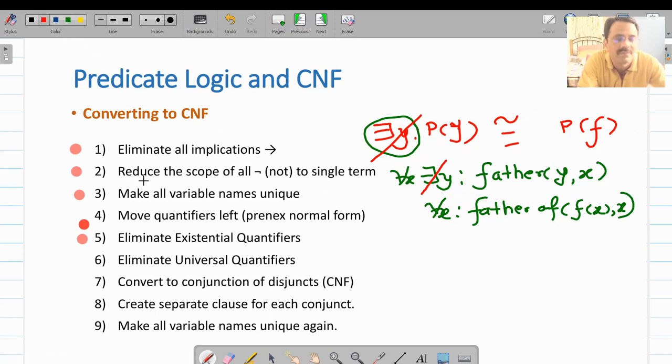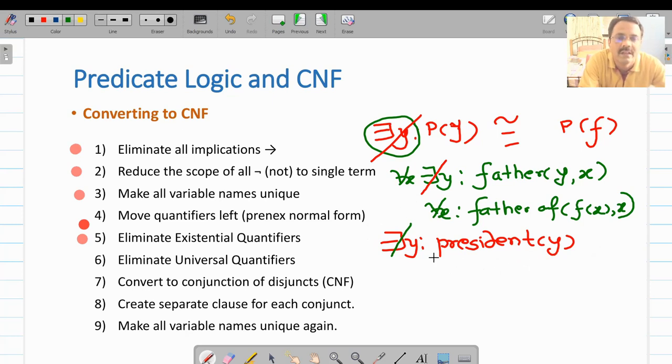For example, there exists some y such that y is president. Now to remove this there exists y, you must know the value of y. Suppose you are referring to the Indian context. In that case we know the President of India is Mr. Kovind.